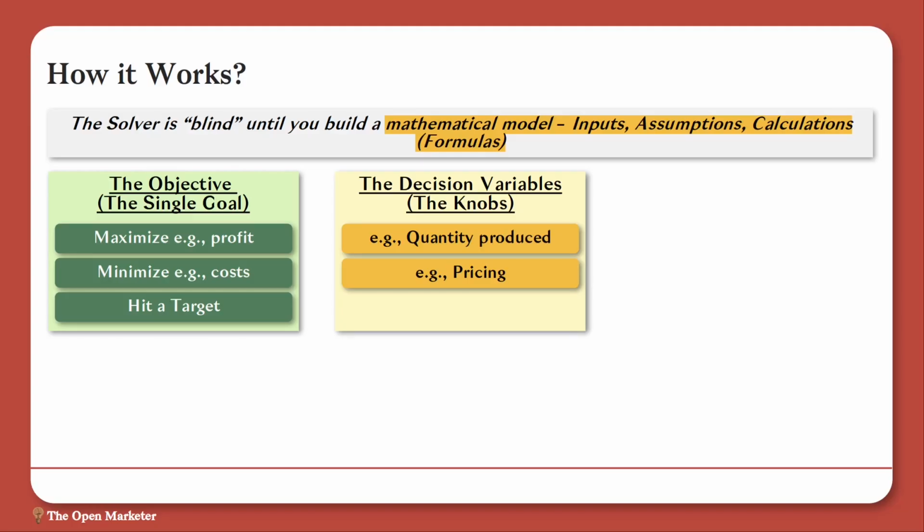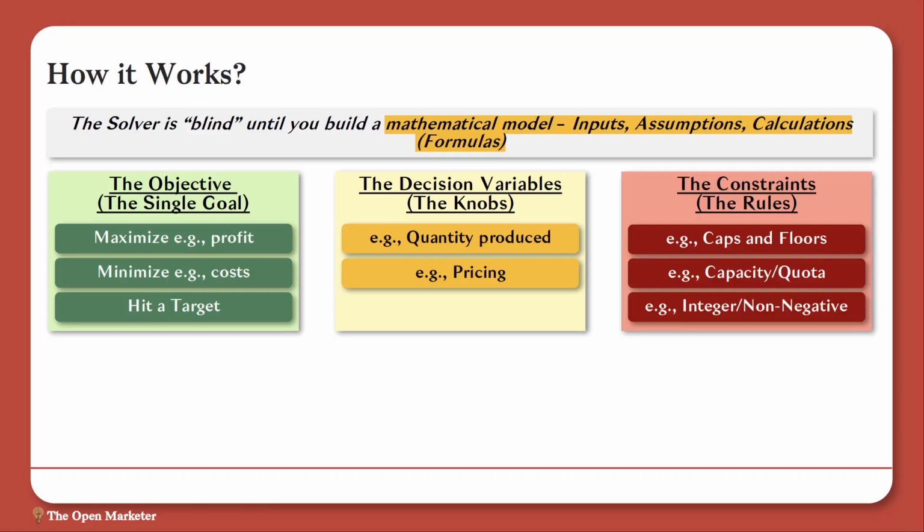Then you provide a set of cells that you want the solver to change to achieve your goal. It is important here that these decision variables are connected to the objectives in some way through the formulas. Last of the inputs are the constraints. These are like guardrails that solver will operate in to make sure that the results make sense.